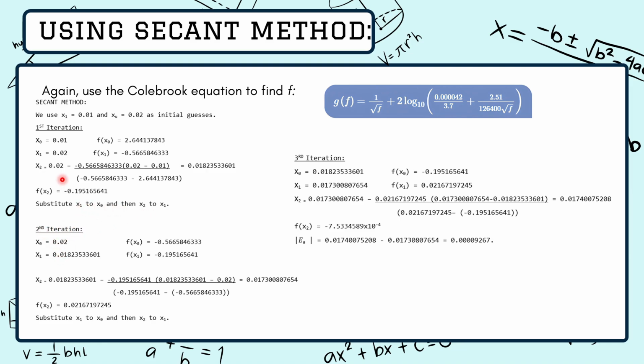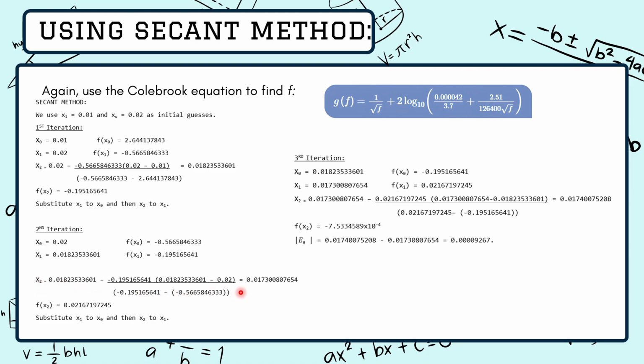We get the f of x sub 1 from this equation, this value, and the f of x sub 2 is this value, now the f of x sub 1. Then we just copy the respective function of x sub o into this second iteration. Then we use the formula to get the root x sub 2.